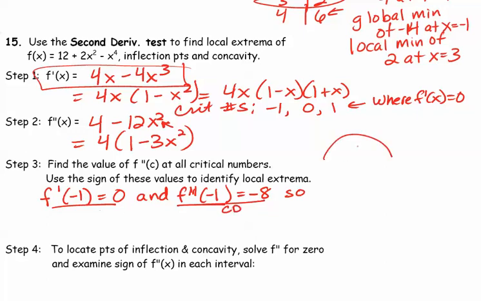So again, think about it, concave down with the horizontal tangent. We are at a local maximum. So f has a local max at x equals -1, and you'd have to plug it into the function to actually find what the y coordinate is.